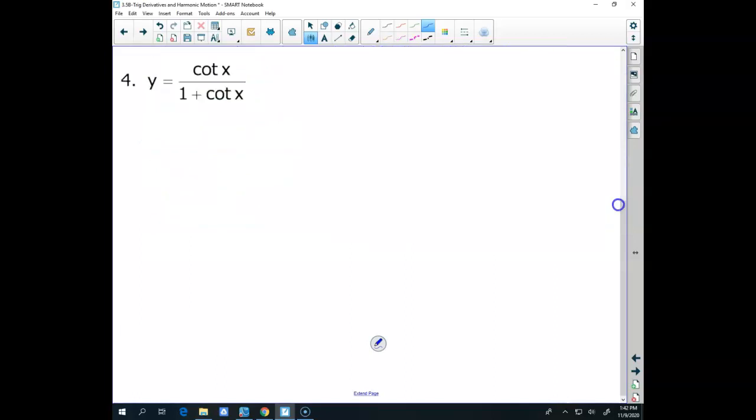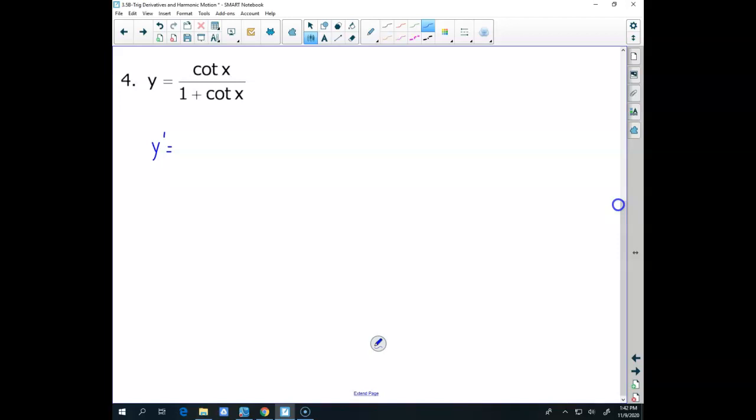Now, when I look at number 4 here, because that's a sum in the denominator, I can't really reduce this thing in any way, shape, or form, or make it any nicer, okay? And I'm just going to take the derivative of this quotient. So I'm going to say y prime is going to equal the derivative of the top.